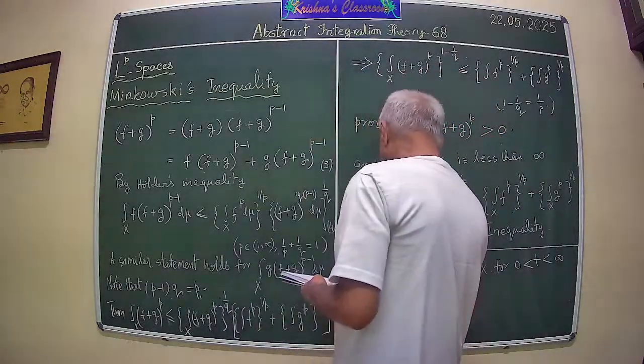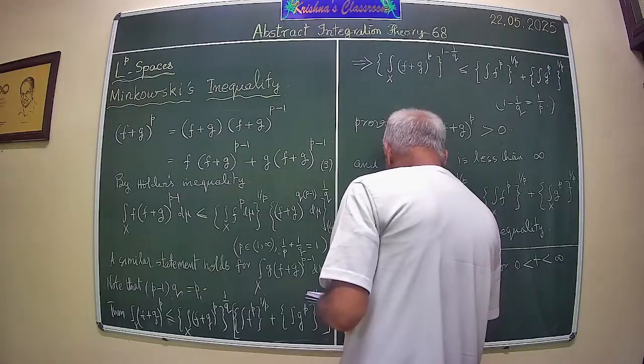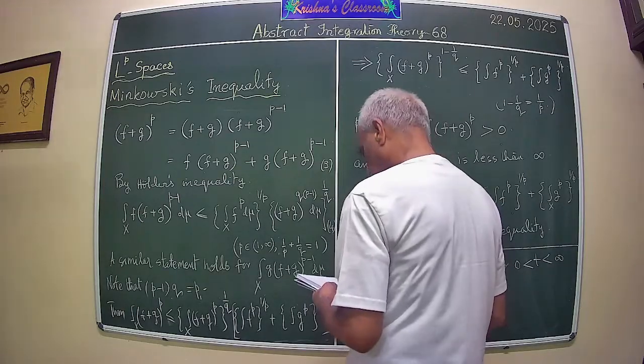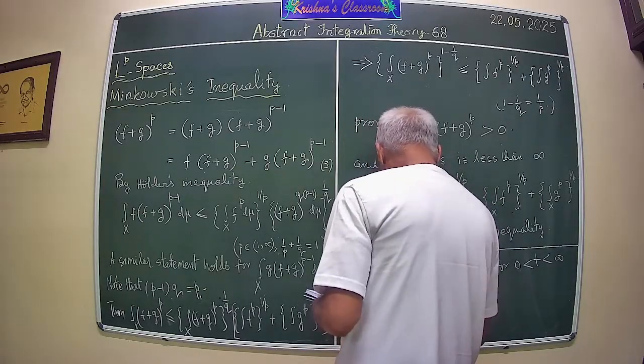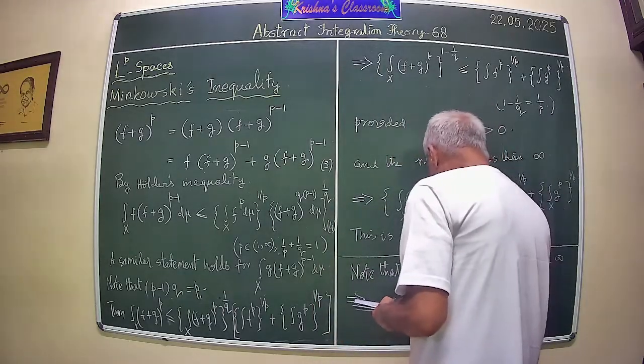Now this implies that f plus g divided by 2, to the power p, is less than or equal to the average.